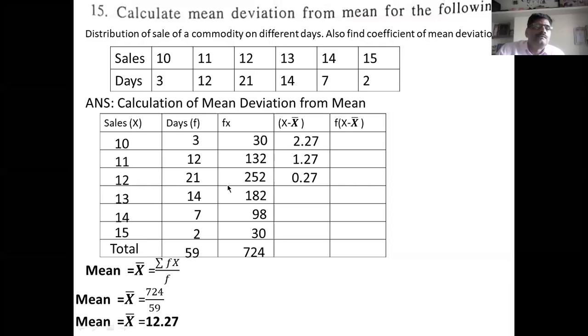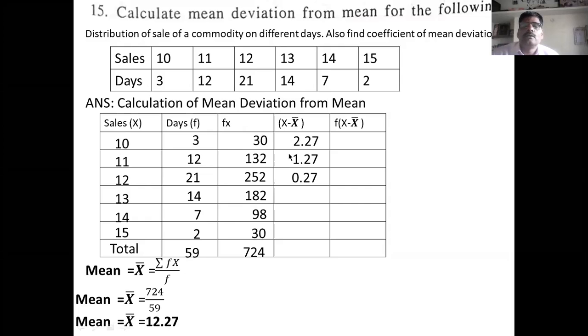Okay, you see this. This is the x value. This is the frequency value. If you multiply these two, fx comes. Fx is for mean calculation. Once you calculated the mean, then x minus x bar means x is the first column, x bar is the calculated value.